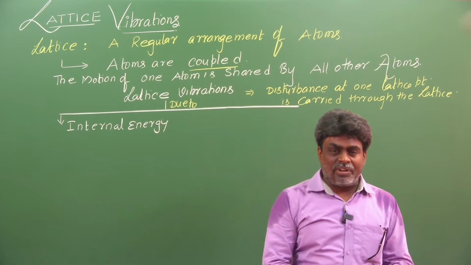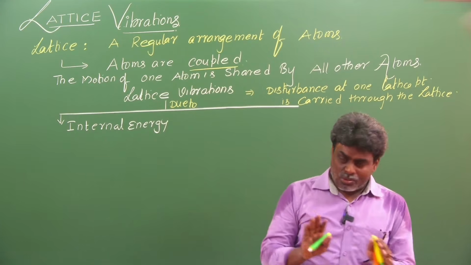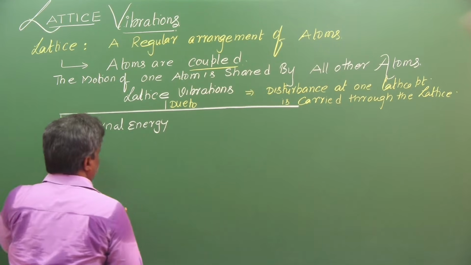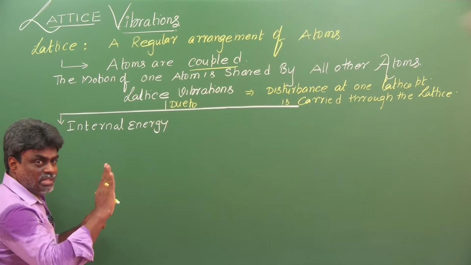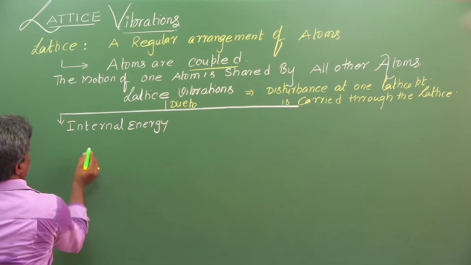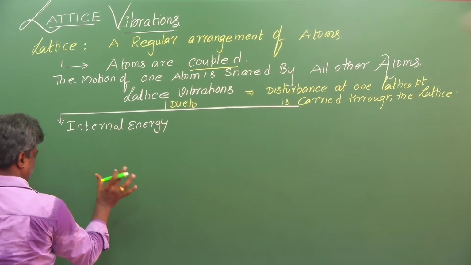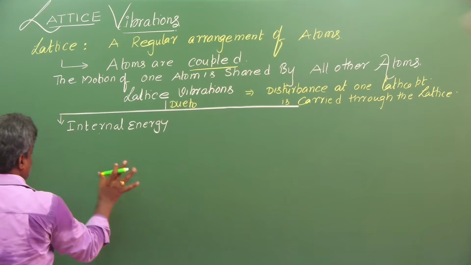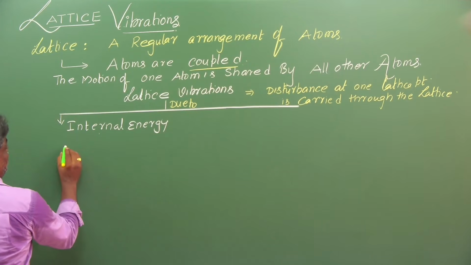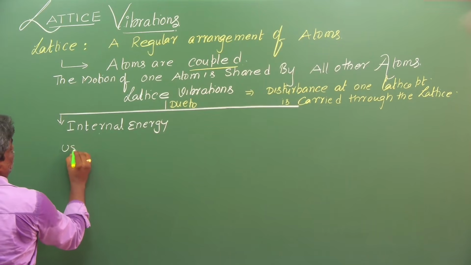By seeing that fellow, another fellow also will do like this. So finally, this is internal energy, and no external force is there. So with this internal energy, we will get the lattice vibrations.